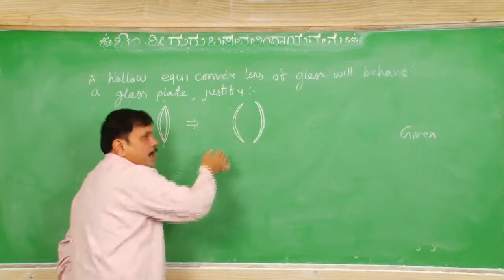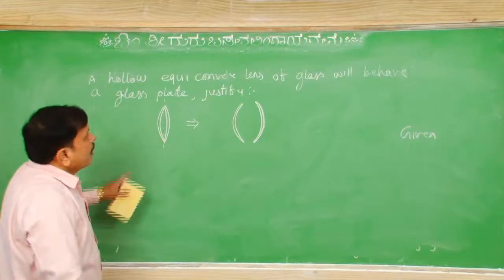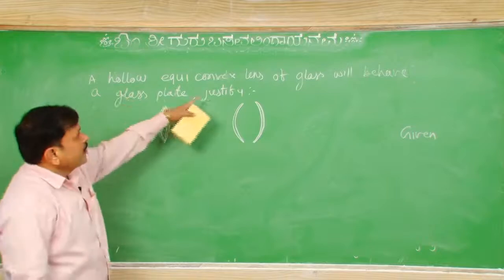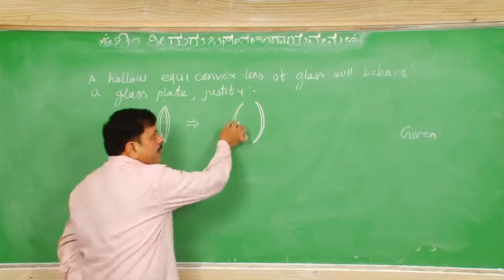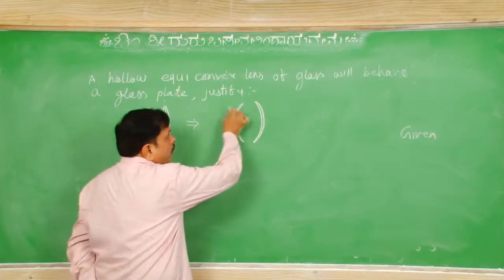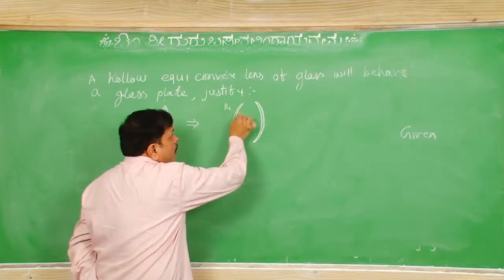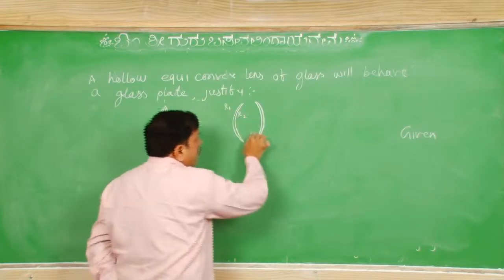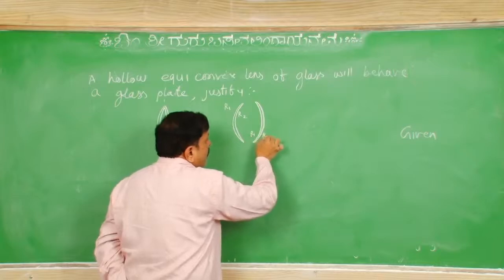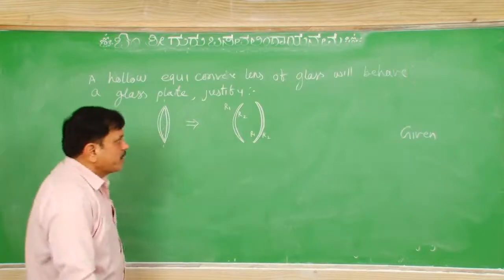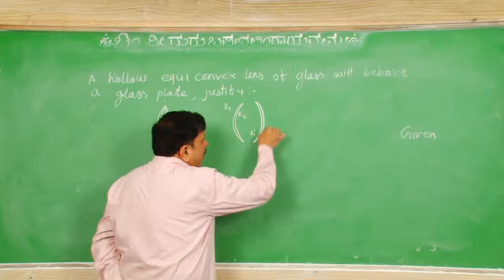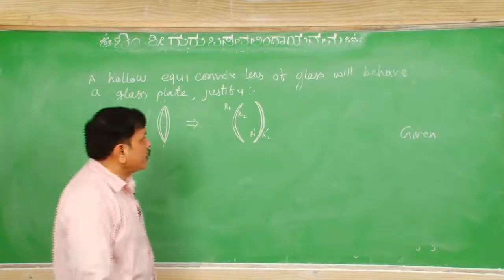Now here, since it is a thin one, assume that this curvature is thin. So the value of R1 and the value of R2 will both be the same. Here also the value of R1 and R2 will both be the same. We will consider this one as R1 dash, R2 dash.